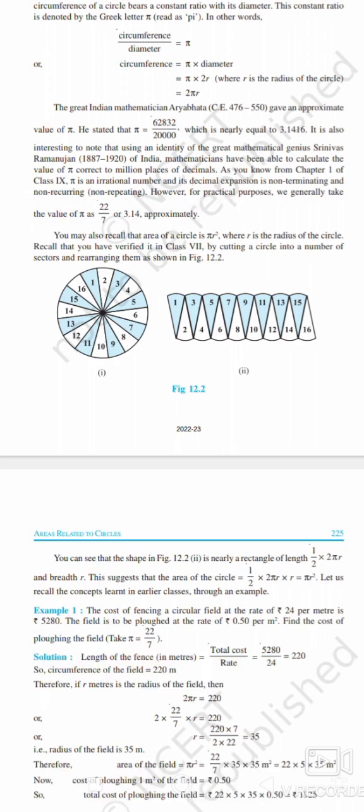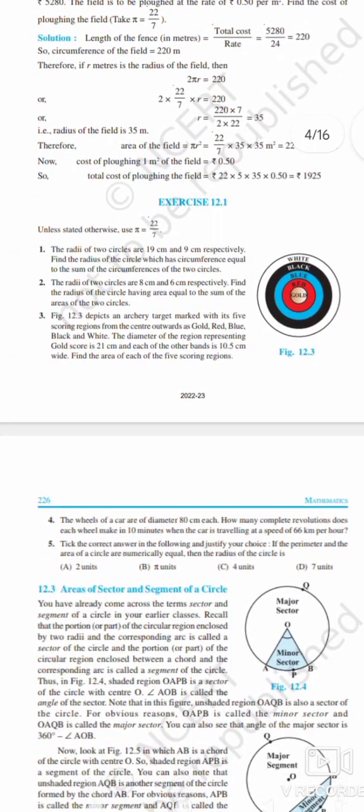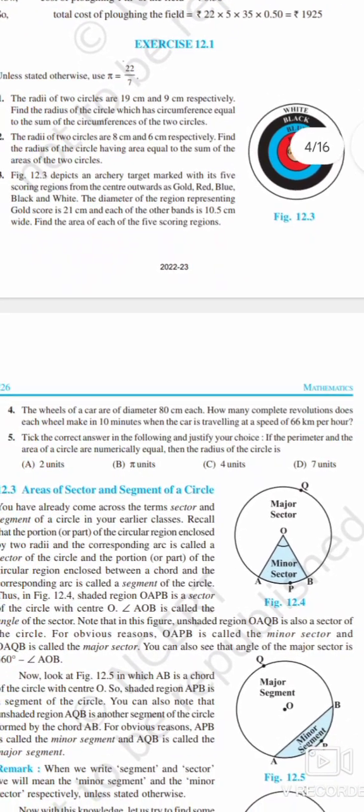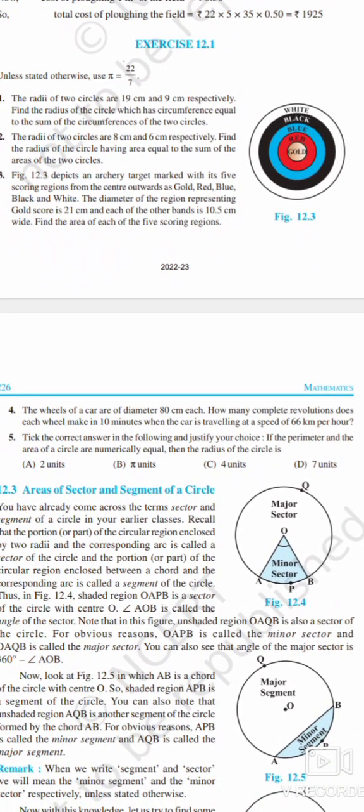Now one by one we will start doing the sums in exercise 12.1. First question: the radii of two circles are 19 centimeter and 9 centimeter respectively. Find the radius of the circle which has circumference equal to the sum of the circumferences of the two circles.